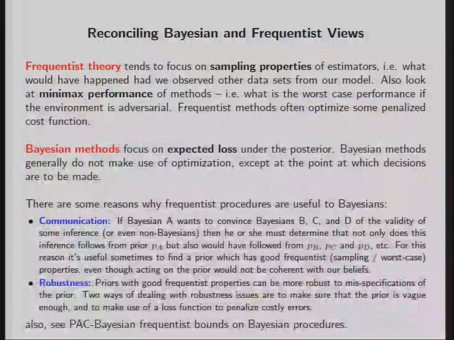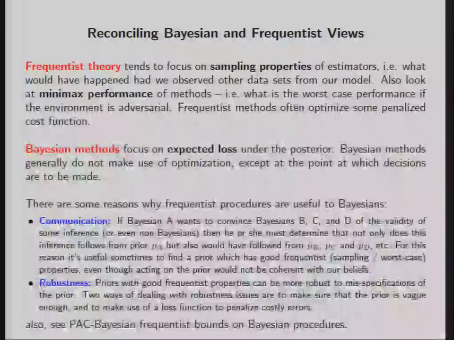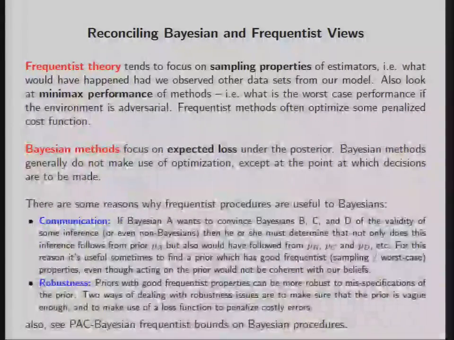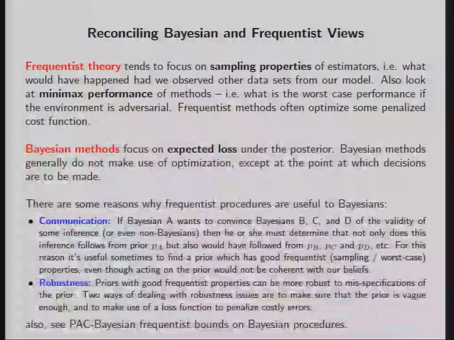What's the worst case performance in an adversarial setting? Frequentist methods also tend to be based around optimization of some penalized cost function, although that's not necessarily the case. For example, bagging, bootstrap aggregation, a method I very much like, involves averaging over parameters in a certain sense.